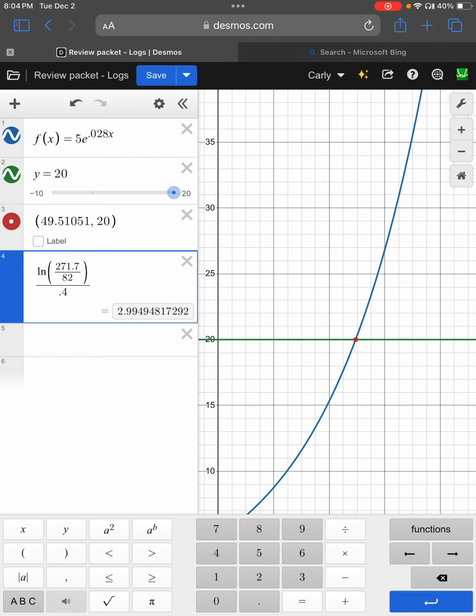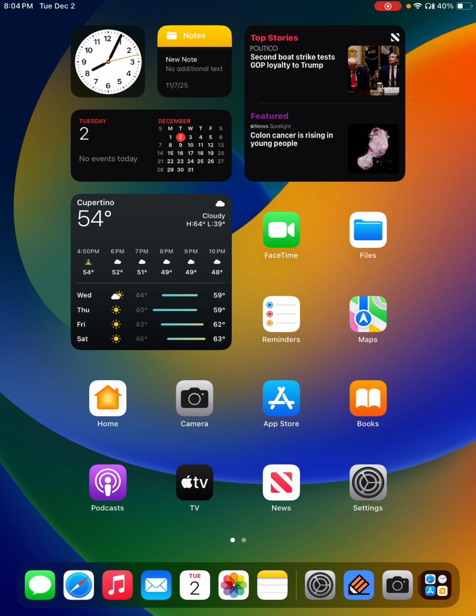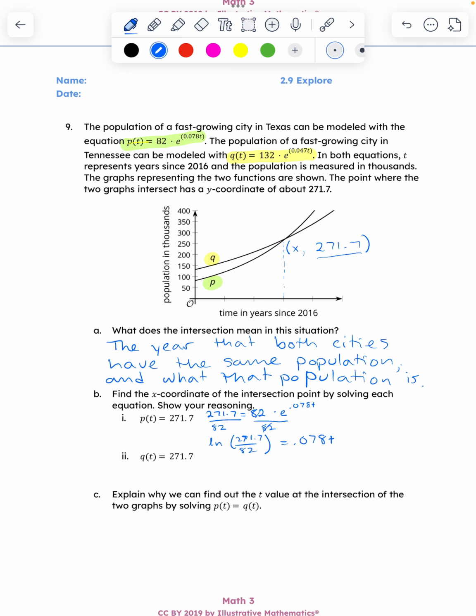And at the end, I'm going to divide not by 0.4, but 0.078. That gives me about 15.36. T equals about 15.36. Then I do exactly the same thing for my second case.